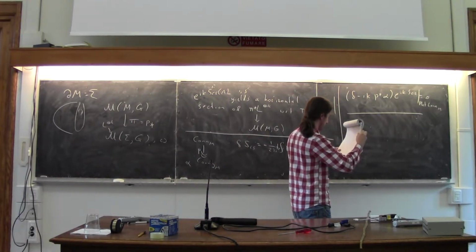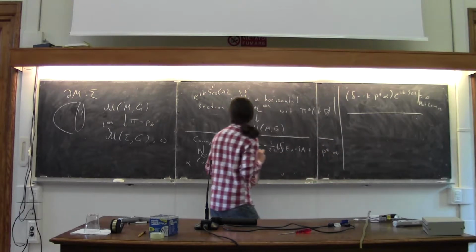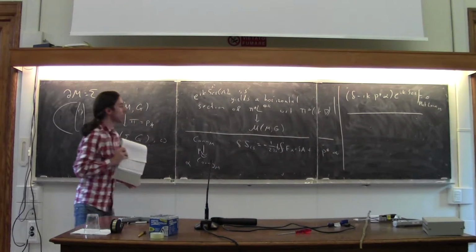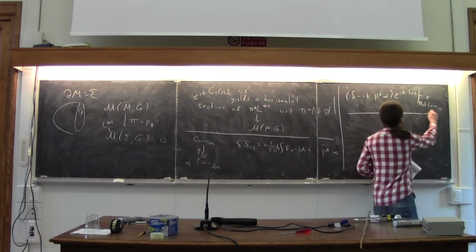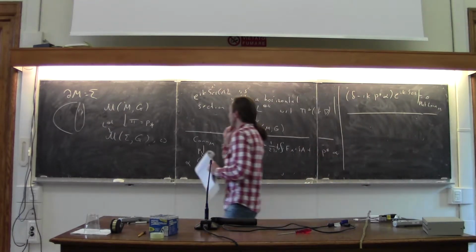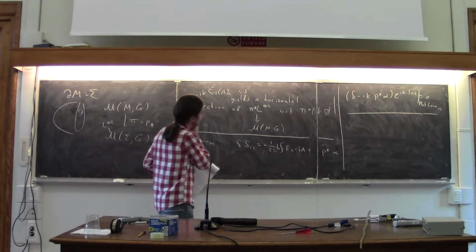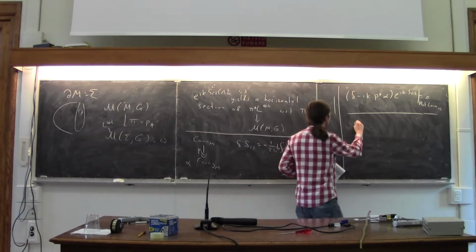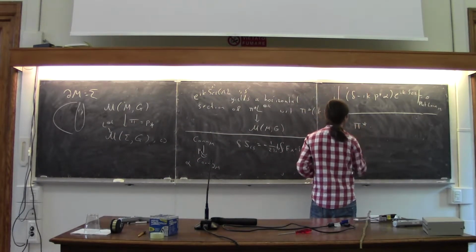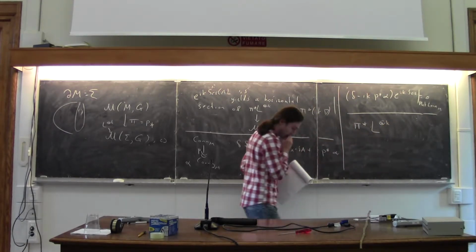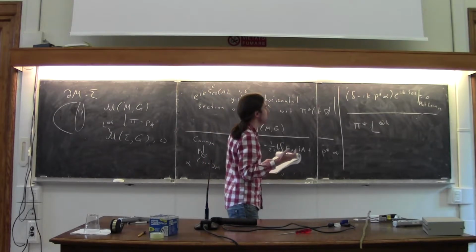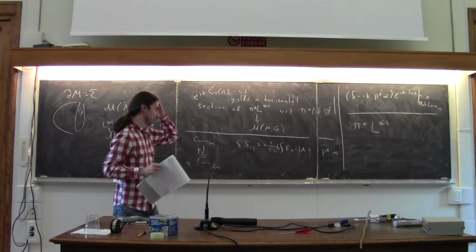Right, in particular, one kind of surprising consequence of this result is that the line bundle is non-trivial, but its pullback is trivial because it has a global section.